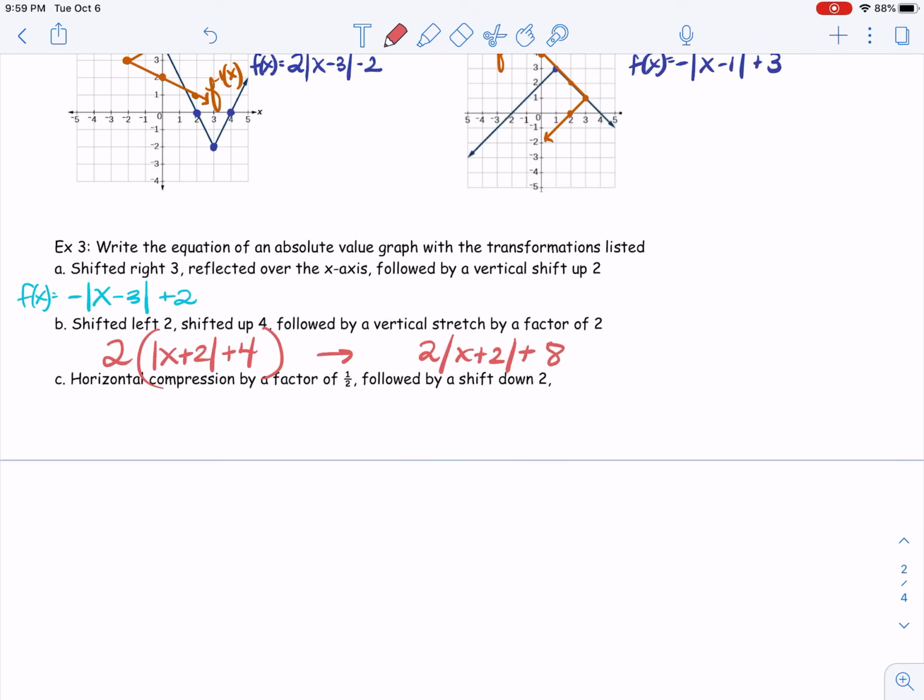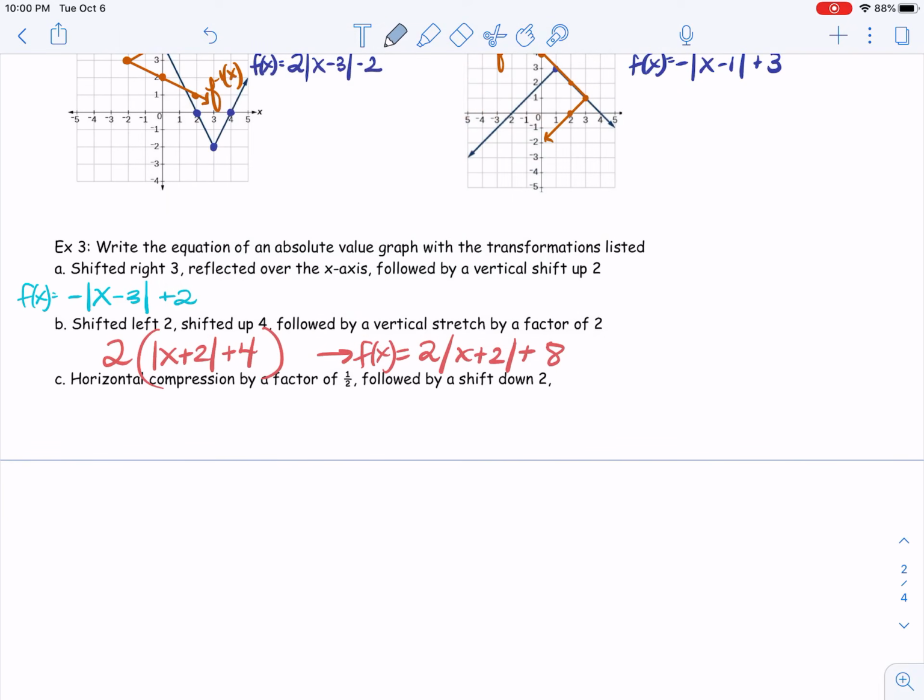Remember, with vertical transformations, you have to follow PEMDAS order. So because I didn't multiply my vertical stretch first and then shift up, I need to distribute that vertical stretch to everybody. So if I go up 4 and then I vertically stretch, I didn't just go up 4, I actually went up 8. Okay, so this is actually your function.